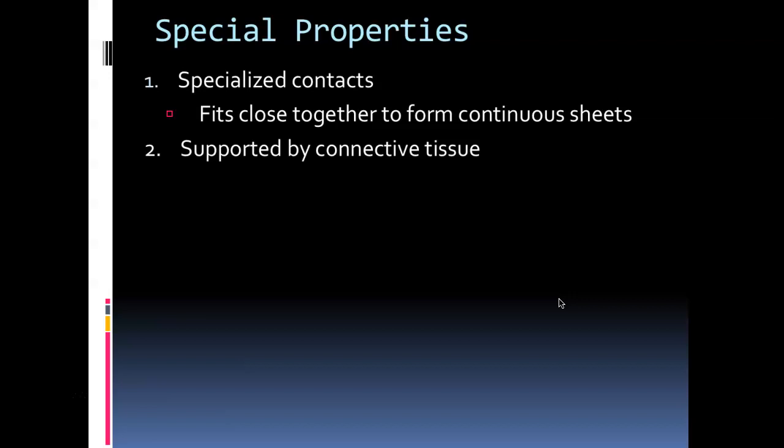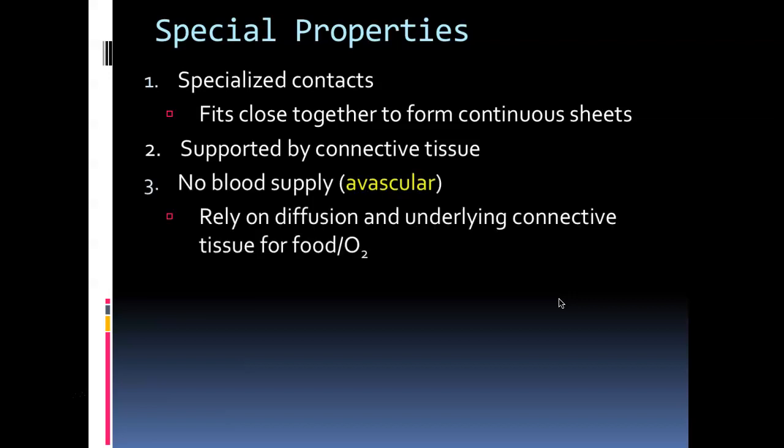So connective tissue is kind of like the glue that holds it all together. So they go hand in hand. Epithelial and connective go hand in hand. There's no blood supply, so they're called avascular. And what they are relying on is the connective tissue, the glue tissue, for the diffusion of nutrients and oxygen and whatnot.